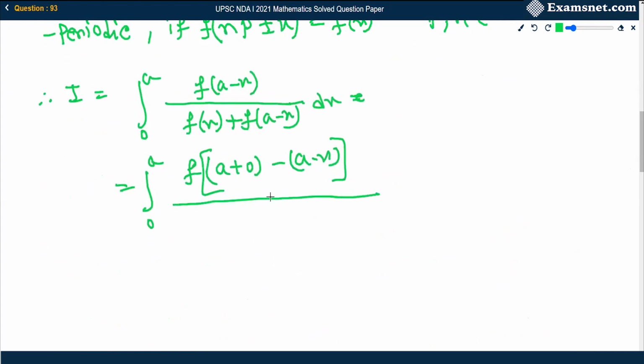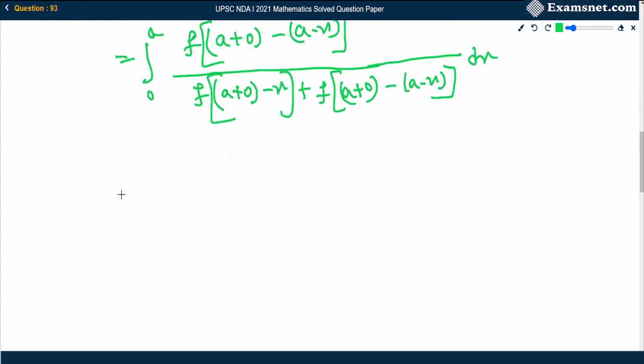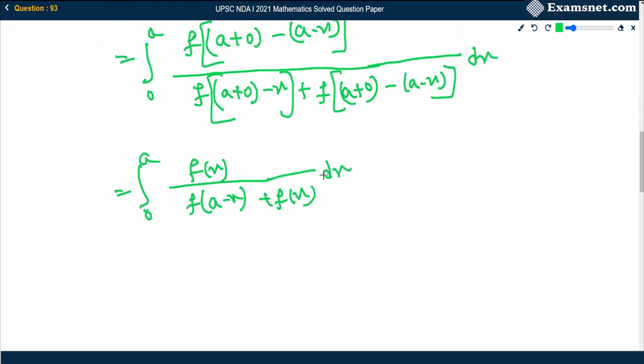Okay, so by f(a+0-x) plus f(a+0-a-x) dx next, equals the integral from 0 to a of f(x) by f(a-x) plus f(x) dx.